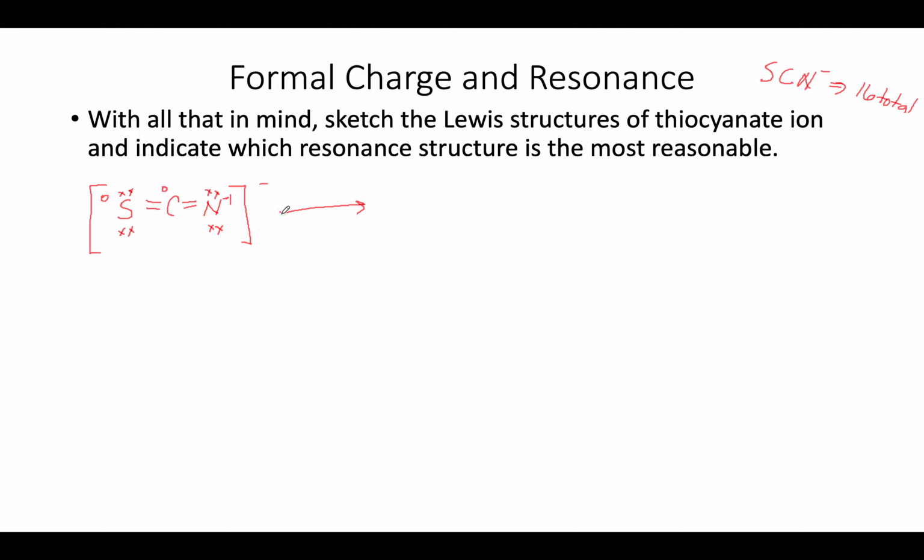Other than, I don't know that we're not groovy. But we could draw a resonance structure where we had a sulfur atom with a triple bond to it and a single bond to the nitrogen atom.